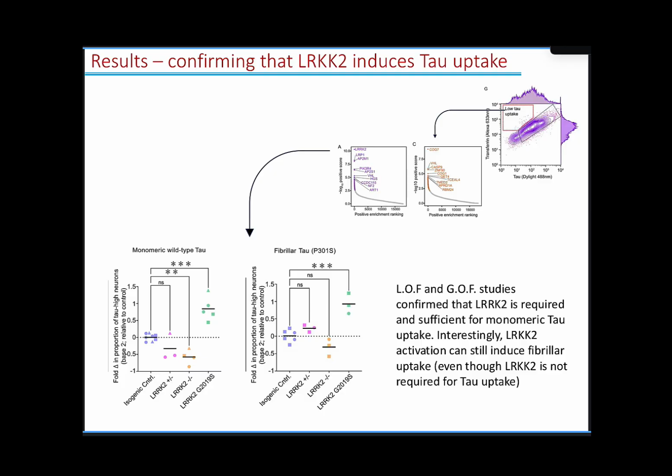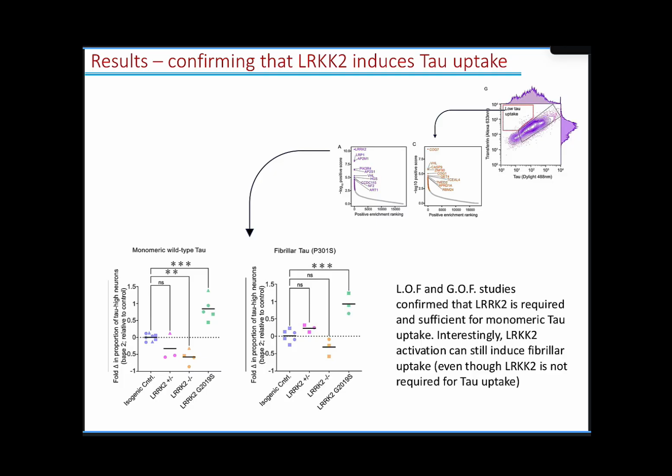And what they're plotting in the y-axis is the fold change in the proportion of tau high neurons, meaning in my cultures, I have tau high neurons that can take up tau just fine. Tau high means a lot of green fluorescence in them. What happens when I mutate one copy of the LRRK gene or two copies of it, or when I activate LRRK2?